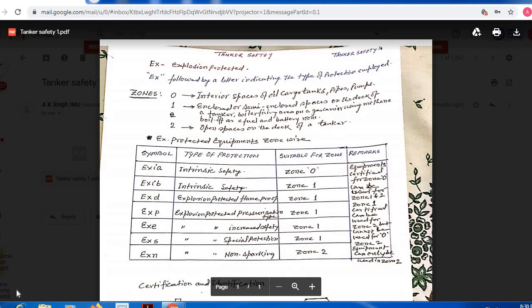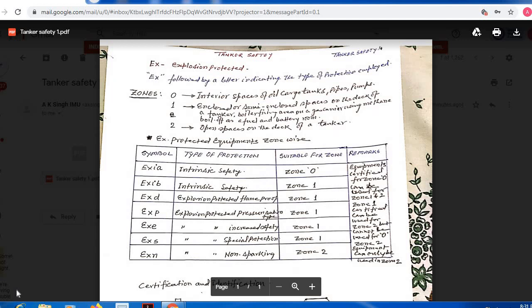Now we are going to talk in today's lecture about the various types of EX protected equipment. In the previous lecture we had talked about zones. We divided the ship tanker into hazardous and normally safe areas. Then the hazardous area we segregated as zone 0, zone 1, zone 2.